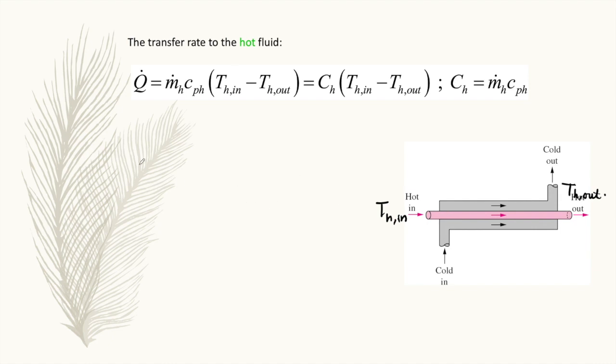That's why you are using this equation. And the amount of energy being transferred from the hot fluid to the cold fluid is the same. We know that Q is constant. Therefore, the Q dot released from the hot fluid will be transferred totally to the Q dot of the cold fluid.